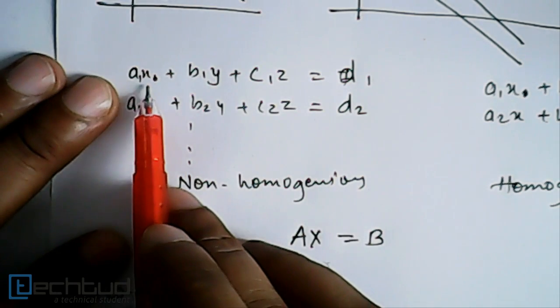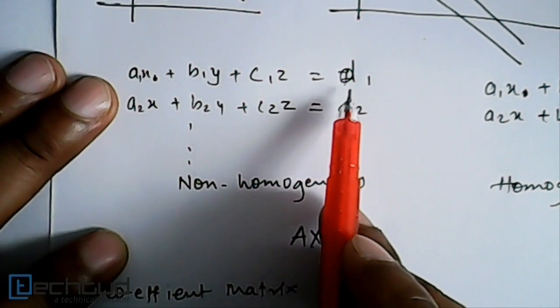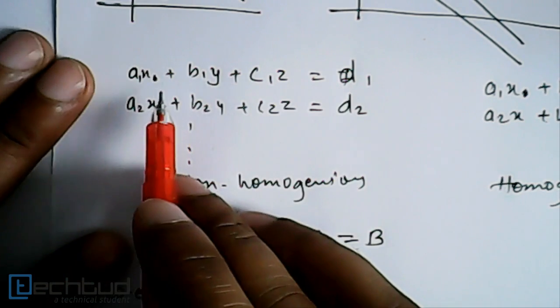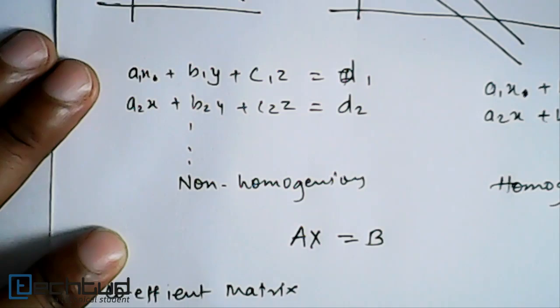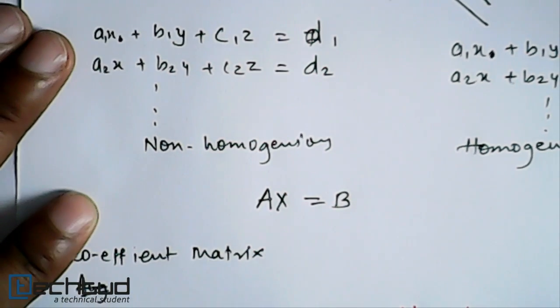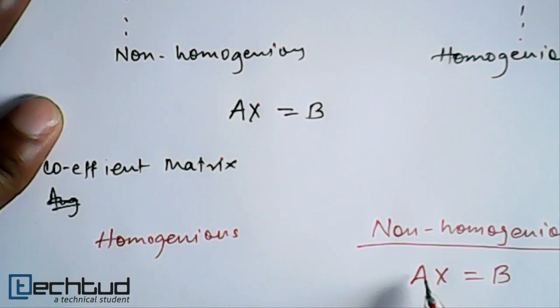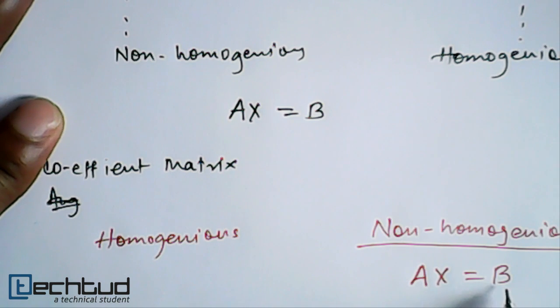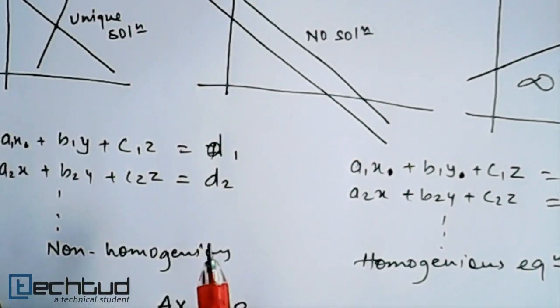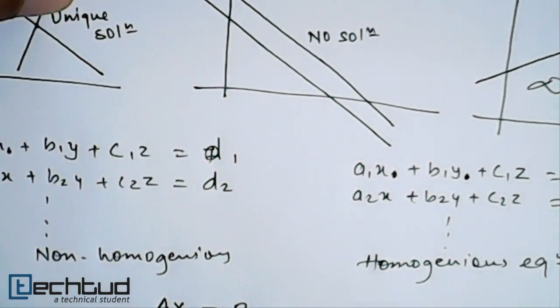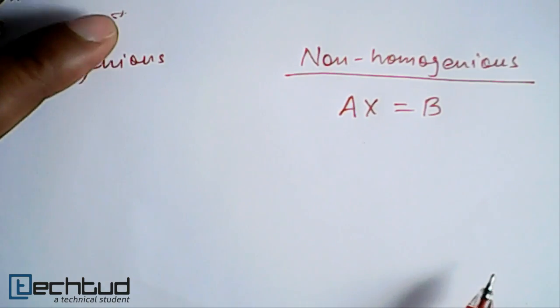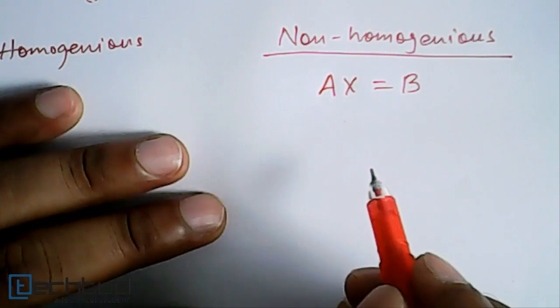Here it is a1x plus b1y plus c1z equal to d1. Similarly, all the coefficients we write in this matrix A, and X is a column matrix of variables, and B is a column matrix of the values on the right hand side. We will solve a problem on this.